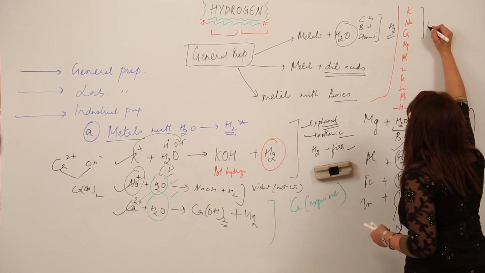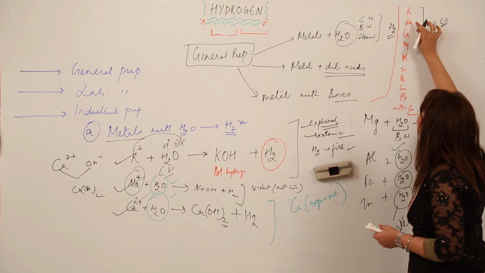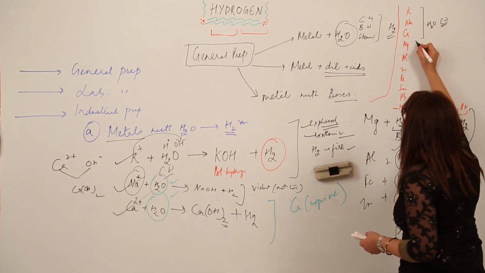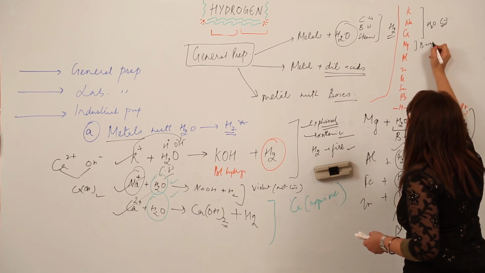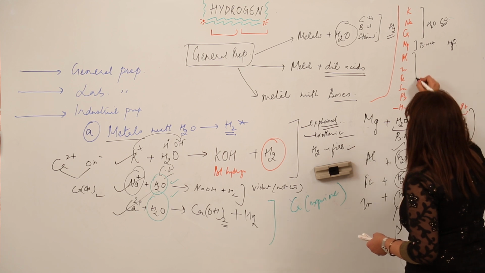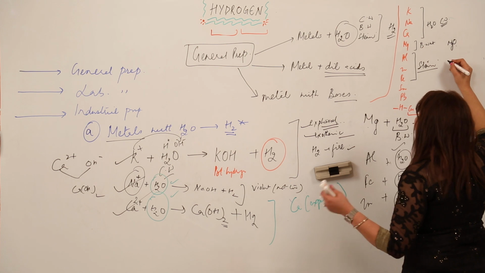Three of them react with cold water, the reaction being less violent, but calcium is expensive. And when we talk about magnesium, it reacts with boiling water, forming its oxide, right? And aluminium, zinc and iron react with steam. And when they react with steam, they form their respective oxides.